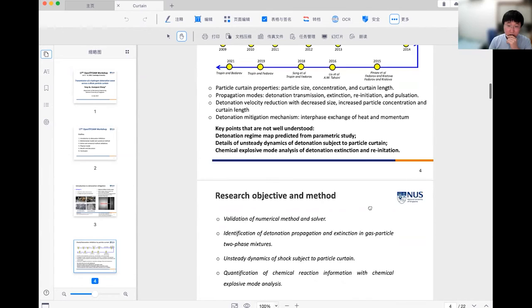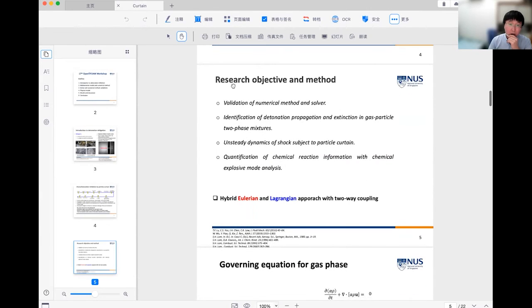So in this presentation, my research objectives include validation of the numerical method, identification of detonation propagation and extinction in a gas-particle two-phase mixture, unsteady dynamics of shock subject to particle curtain, and quantification of chemical reaction information with chemical explosive mode analysis. Our research method is a hybrid Eulerian and Lagrangian approach with two-way coupling.